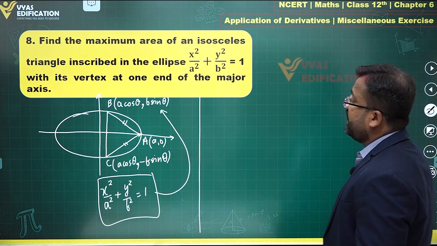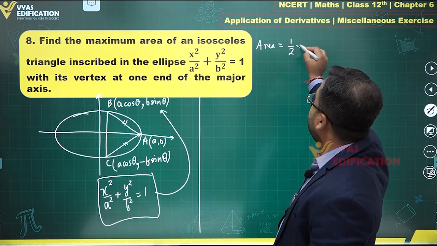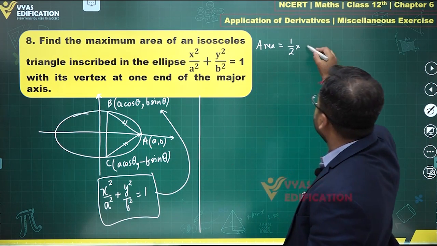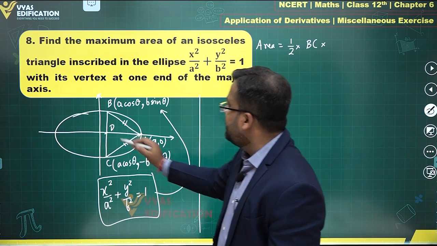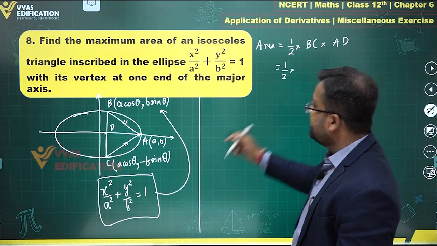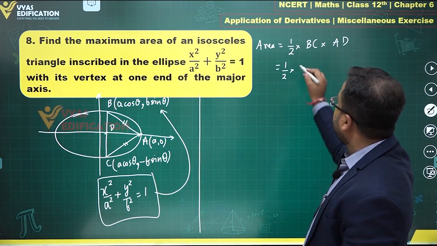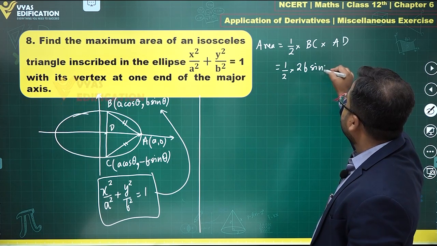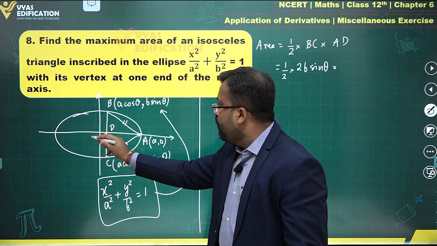Yes, maximum area. Okay, area of isosceles triangle will be equal to half times this base length BC times the height. Height will be this. If this is D, height will be this AD. Okay, half is okay. Base length BC will be y coordinates added, b sin θ twice, so 2b sin θ, times AD. AD is this total from OA.